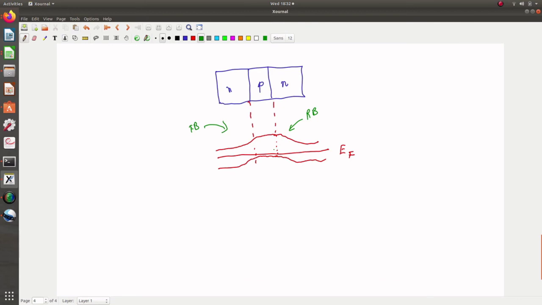Here the potential barrier increases so that it comes down a bit more, so this potential barrier is increasing.